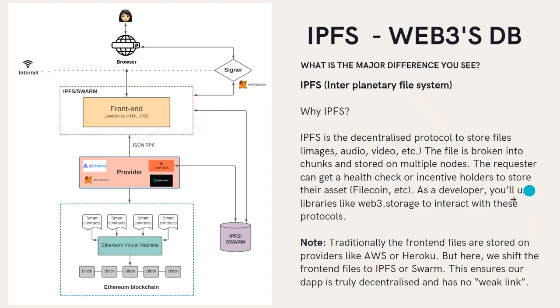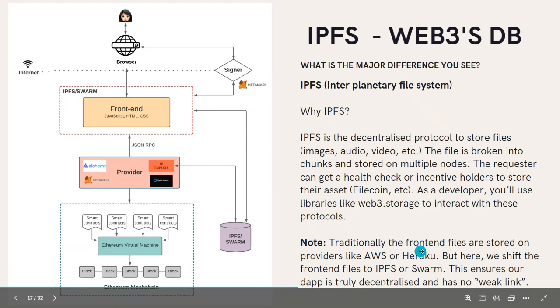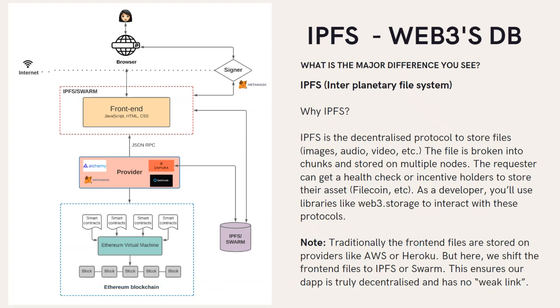So the note is essentially what I have been talking about. It is the decentralized versus centralized debate, where if you store your file on a centralized platform like AWS or Heroku, there's always the danger of it being changed or mutated by somebody who has power over those servers.